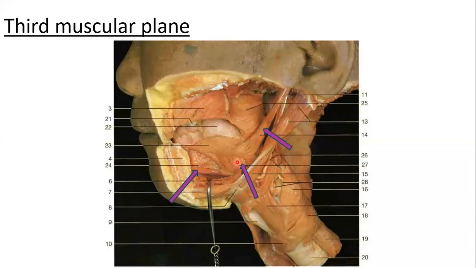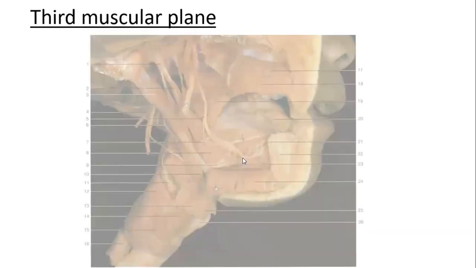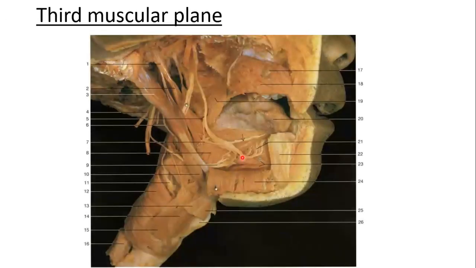But for hyoglossus and styloglossus, those two are innervated by the hypoglossal nerve itself, okay? So let's look at another view of the same. That is your styloglossus there, hyoglossus there, and geniohyoid there, okay? So those three muscles form the third muscular plane at that point.